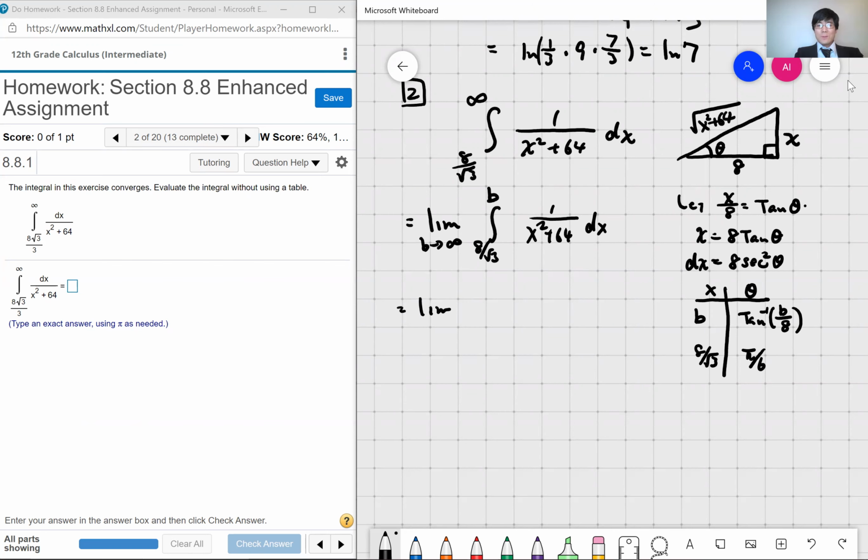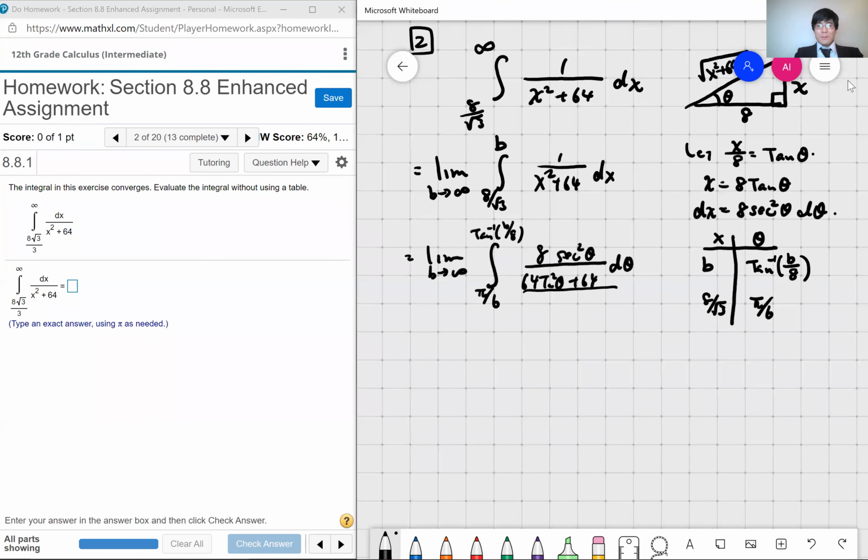After making the substitution, this will become pi over 6 through inverse tangent of b over 8. And x squared plus 64 is going to be 64 tangent squared plus 64. And the dx will become 8 secant squared theta d theta.